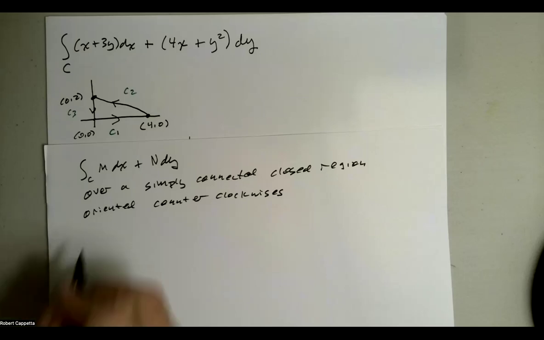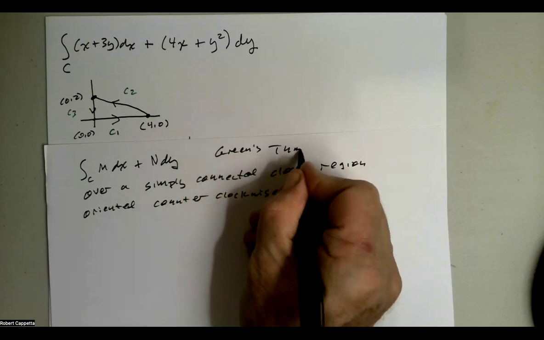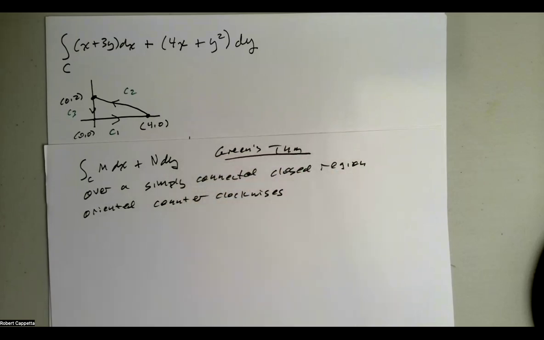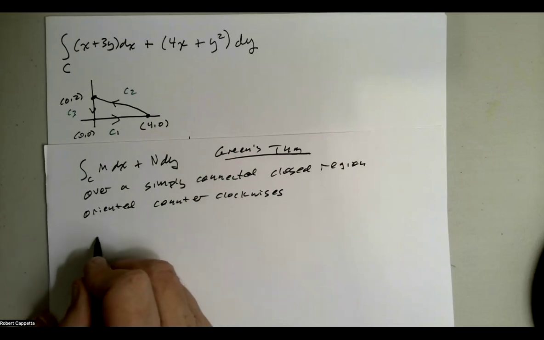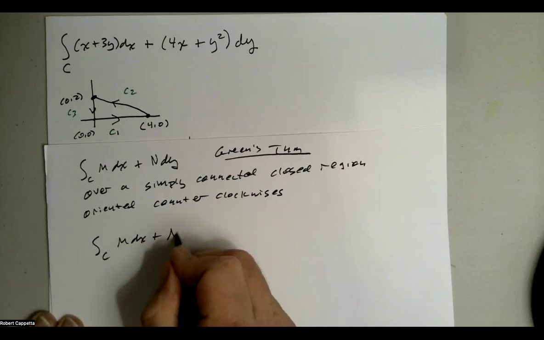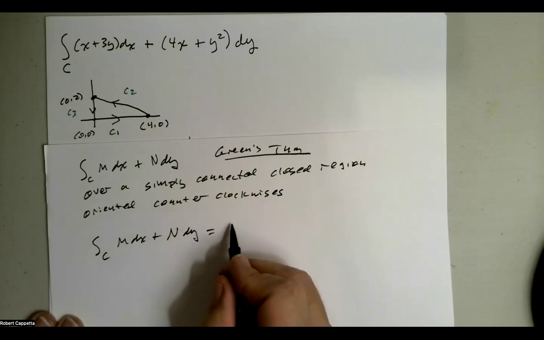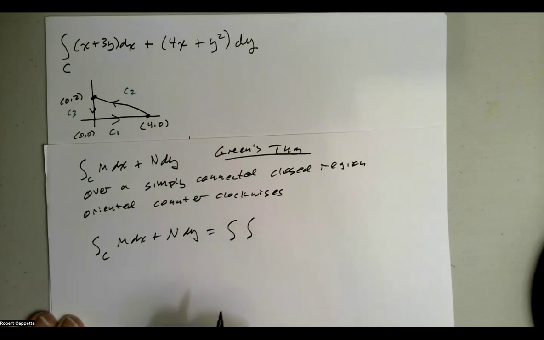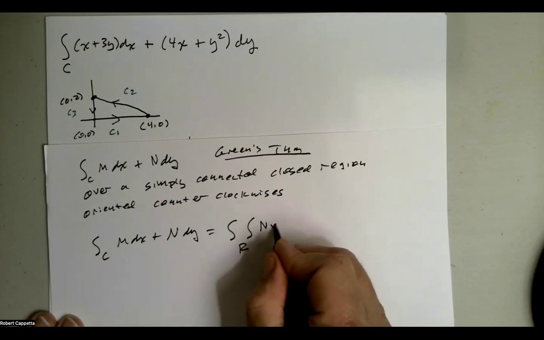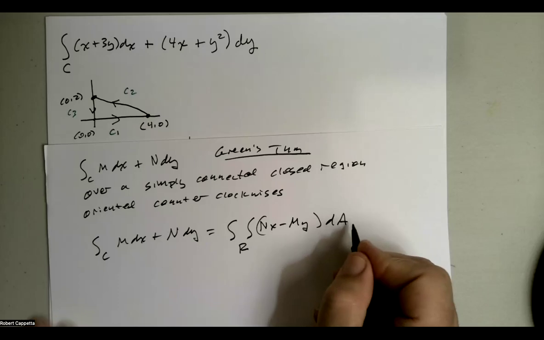Well, this Green's theorem works for us nicely if we have these conditions and we do not have a conservative vector field. So what does Green's theorem tell me? It tells me that work, the integral over C of m dx plus n dy, where C is the border of the region, is the double integral over that region R of n sub x minus m sub y dA, or dy dx.